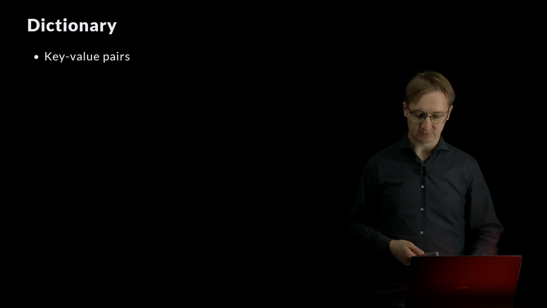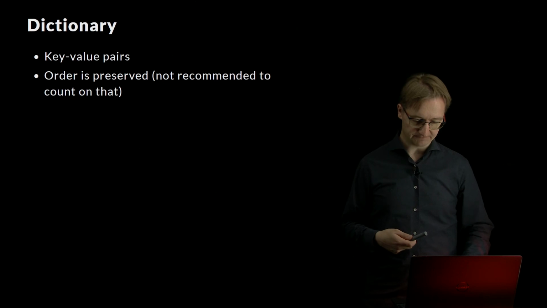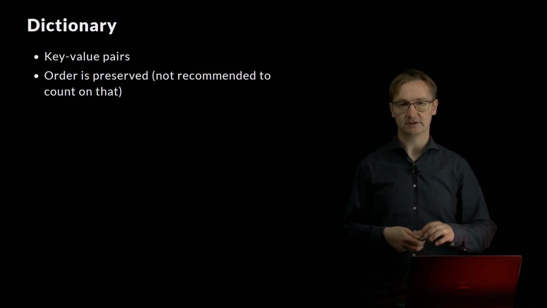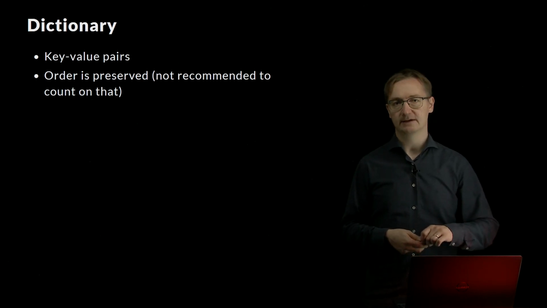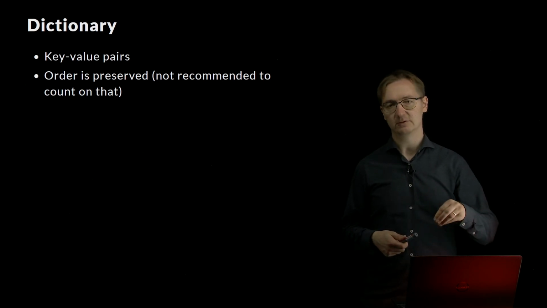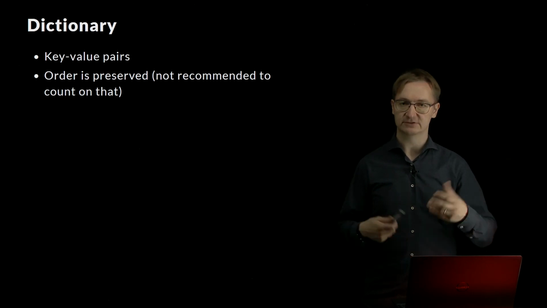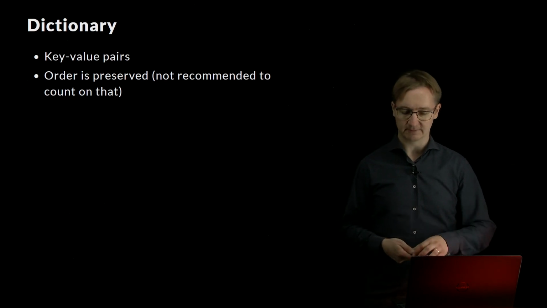Dictionary. So a dictionary contains key value pairs, and the order is actually preserved in Python, although it's not recommended to count on that. Starting from Python version 3.6, the order in which you insert key value pairs into a dictionary is preserved, so that if you loop over a dictionary, you get them in the same order as you inserted them.